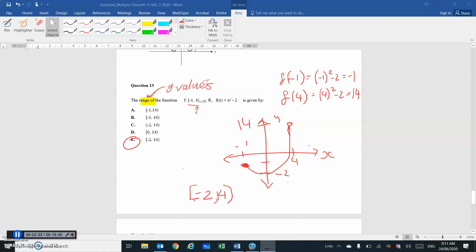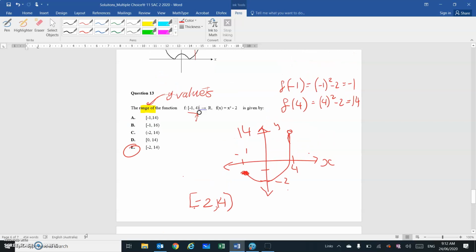So, question 13. We are looking at the range of this function, so the y values. If you have a look at this first part here, the domain you're given for this graph is -1 to 4, not including -1, not including 4. So we will find what those x values correspond to, the corresponding y values.